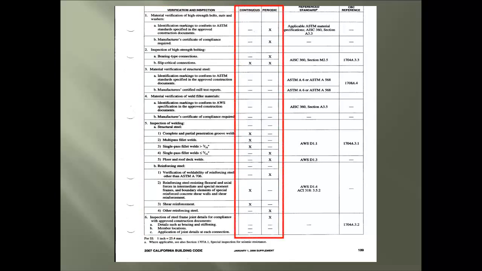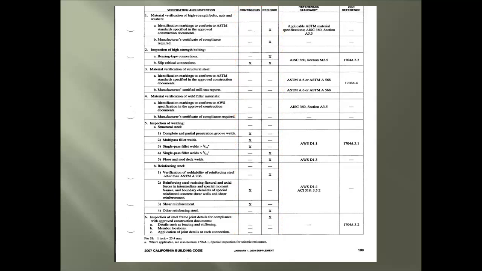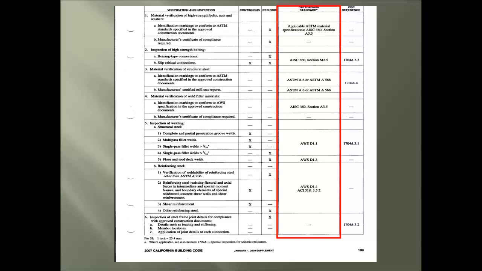Now moving to the column that states either continuous or periodic inspection. If the box reveals a line, that inspection is not required, but if an X is showing, that inspection will be required. Next is the reference standards, and for certain disciplines, there are additional references called out for further information.